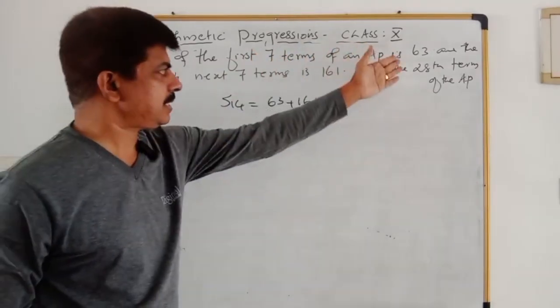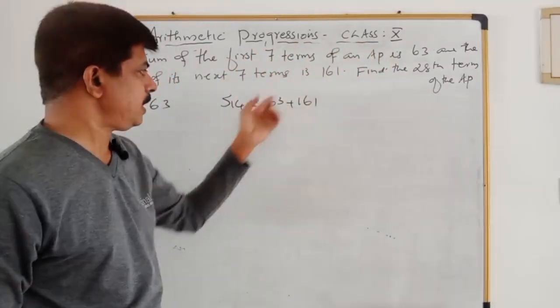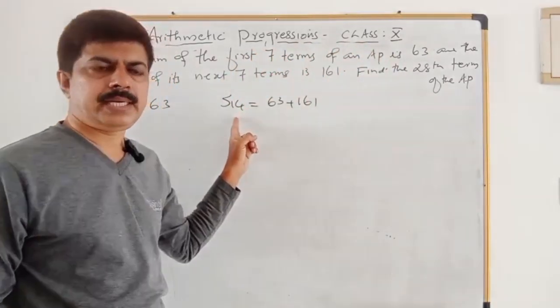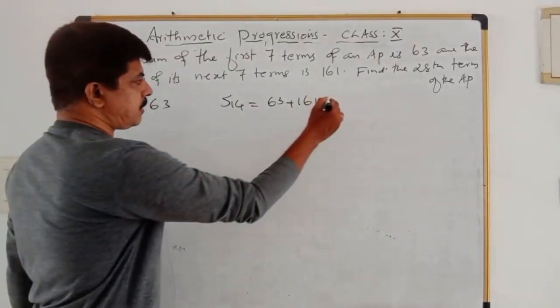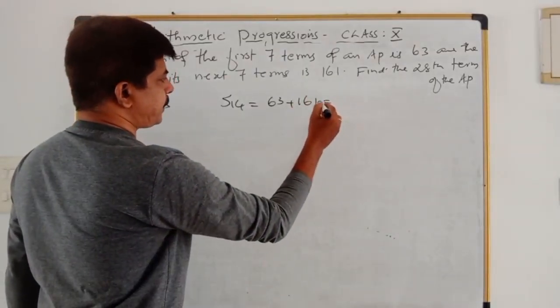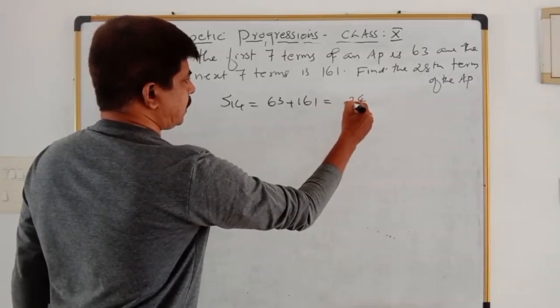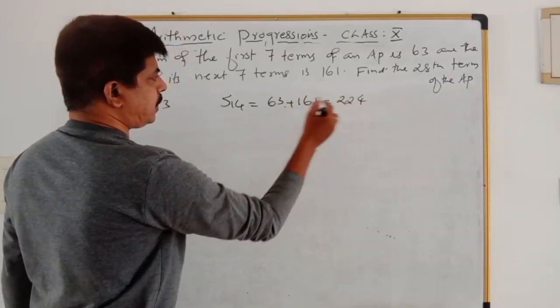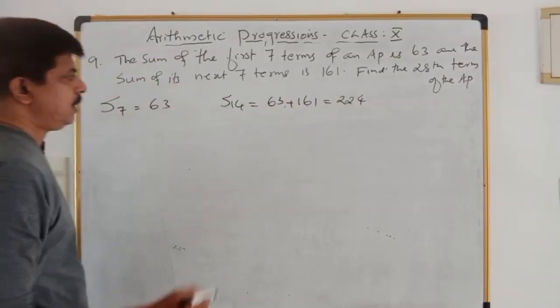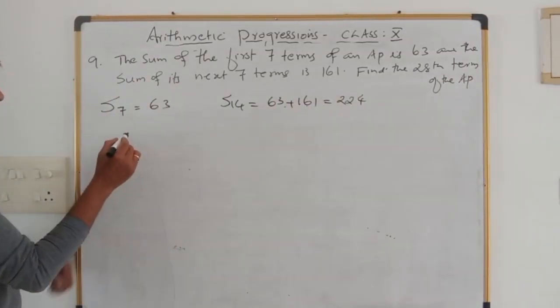First 7 terms sum 63, next 7 terms sum 161. So what is the total sum of the first 14 terms? 224. So S14 is 224, S7 is 63.